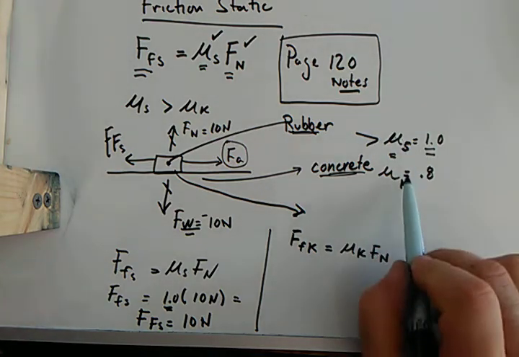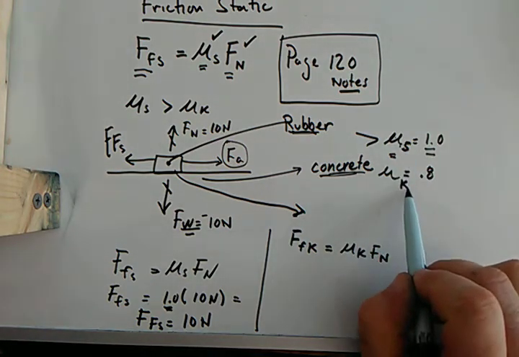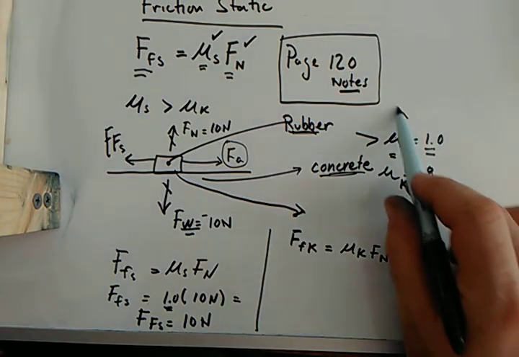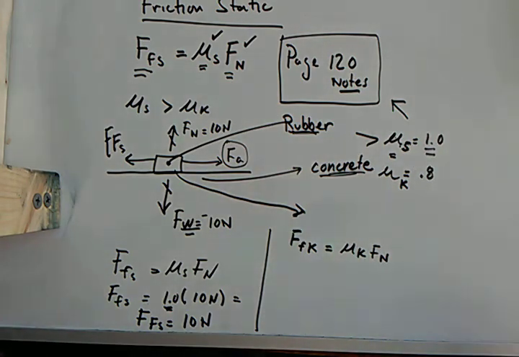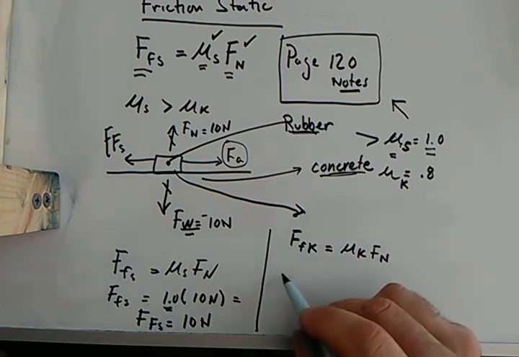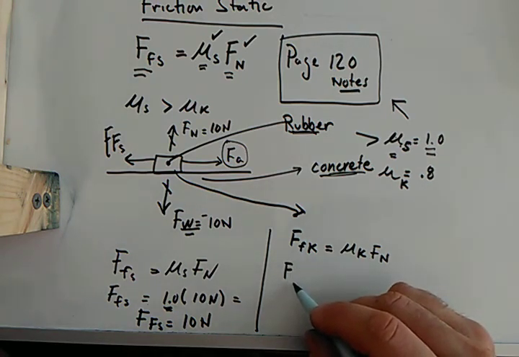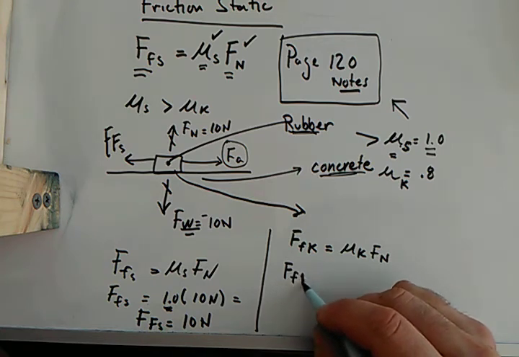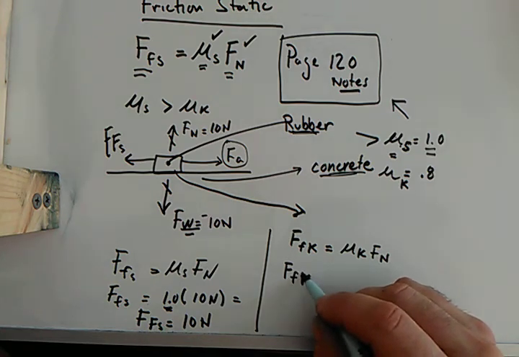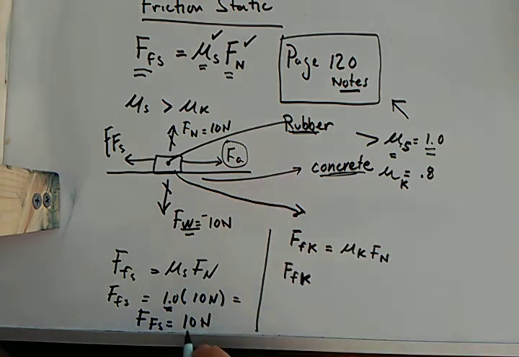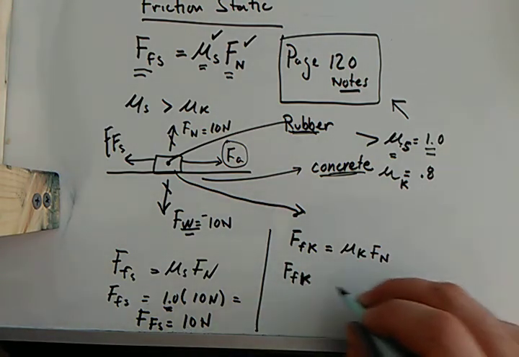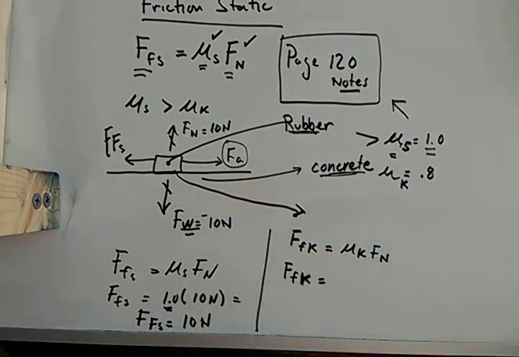Does that make sense? Static is greater than kinetic. This is all found in that table on page 120. We've already found the static friction, but let's find the kinetic friction of rubber on concrete.